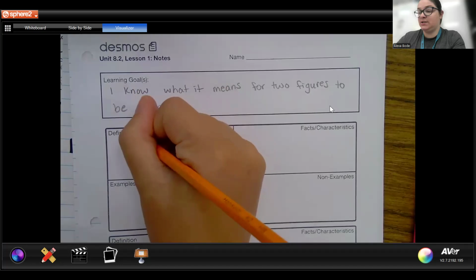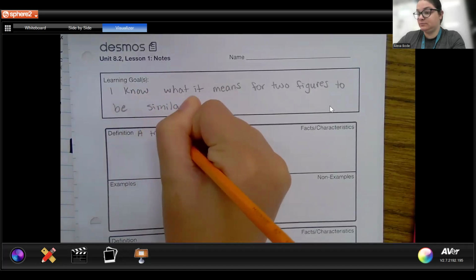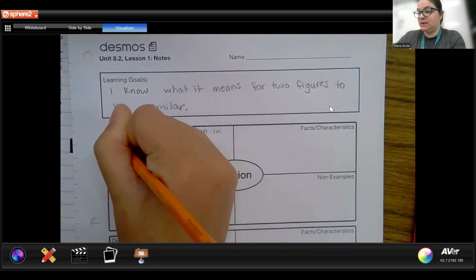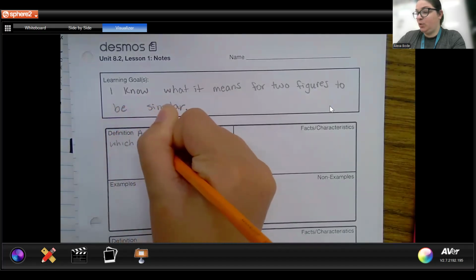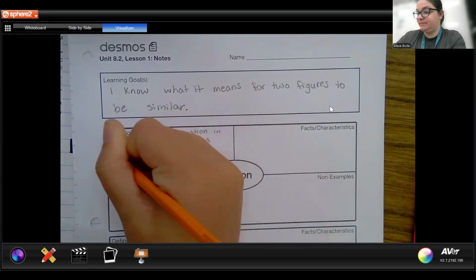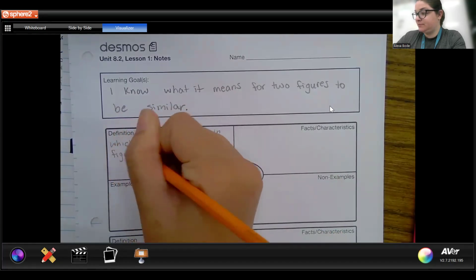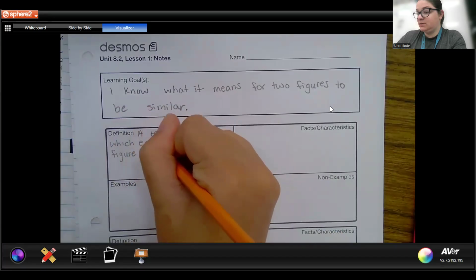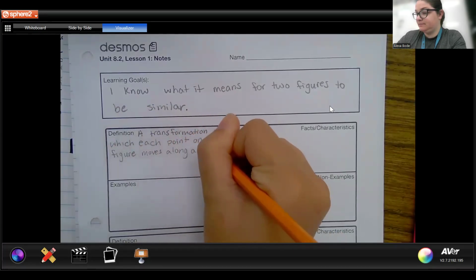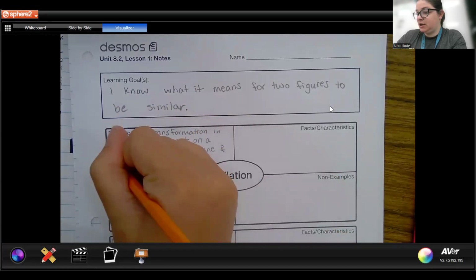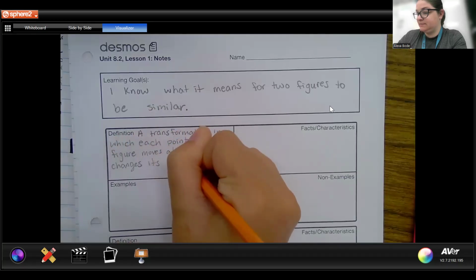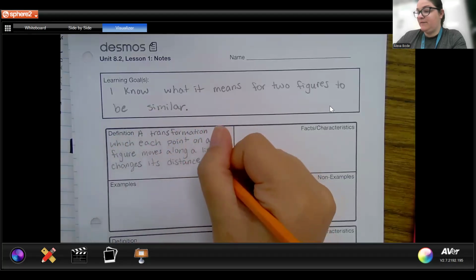And so this is a transformation in which each point on a figure moves along a line and changes its distance from a fixed point.